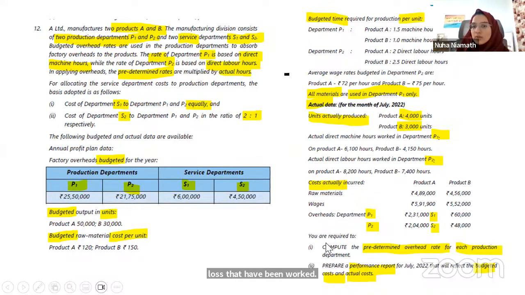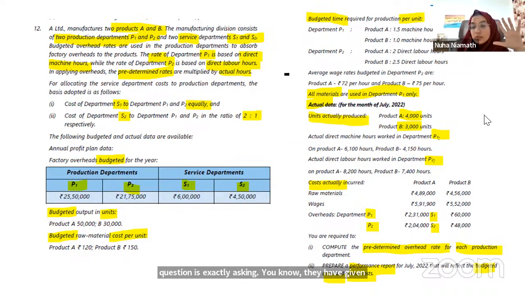So let's look at what we are required to compute. Like I said, you have to compute the predetermined overhead rate for each production department, and then prepare a performance report for July that will reflect the budgeted costs and the actual costs. So I hope everybody has understood what this question is exactly asking. They have given us the service budgeted data, the actual data, and the ratio in which the service department cost will be allocated to the production departments.